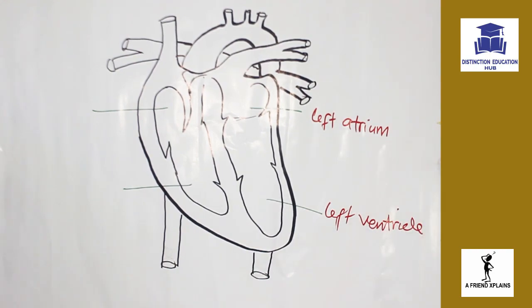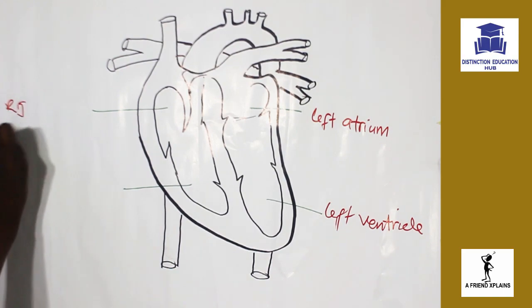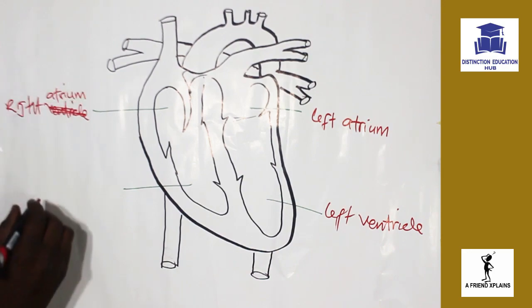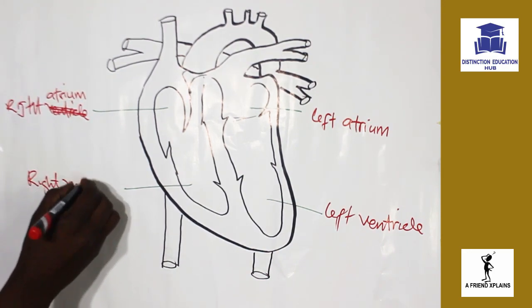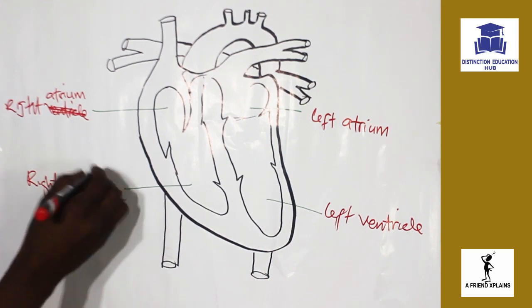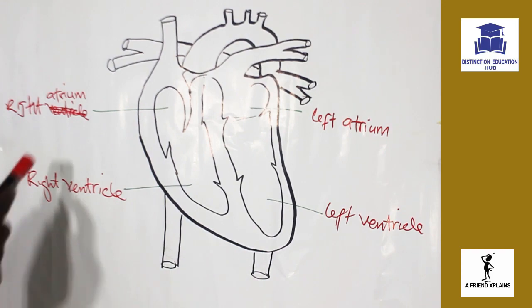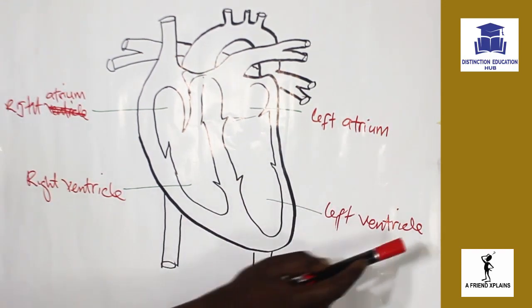Then I'll come to my right. This will be my right atrium, and this is my right ventricle. So I have the right atrium, right ventricle, left atrium, left ventricle.